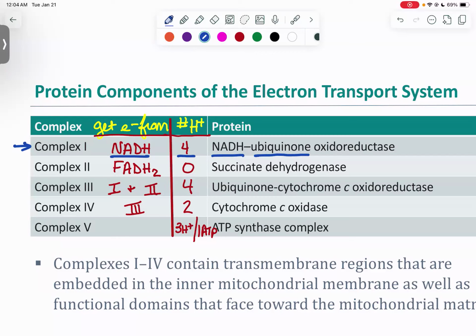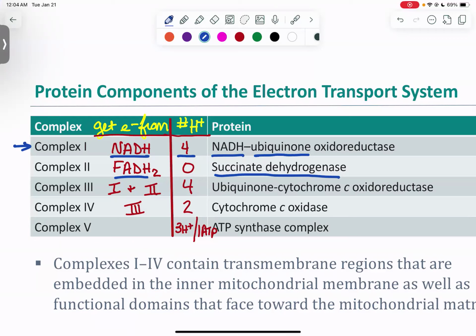And then what kind of reactions are happening here? These are oxidation reduction reactions. So we call it oxidoreductase. So then complex 2 picks up from our other electron carrier, FADH2, but it does not pump any protons. And you probably recognize this enzyme, succinate dehydrogenase, and we'll talk about that later.